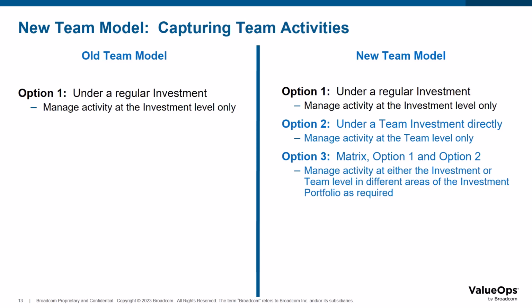But in the new team model, you have that option too, but you also have a second option where you could, under the team investment directly, manage any activity, costs, work, whatever, on the team directly. Or you have another option, which is you could use a matrix where you could actually combine option 1 and 2 in different areas of your investment portfolio as needed.